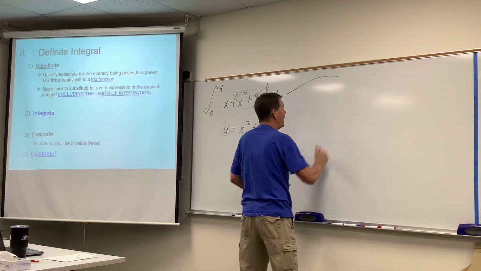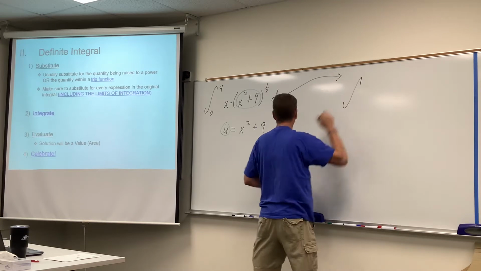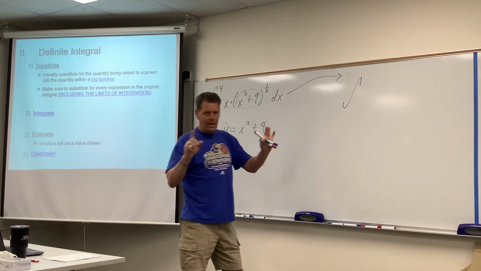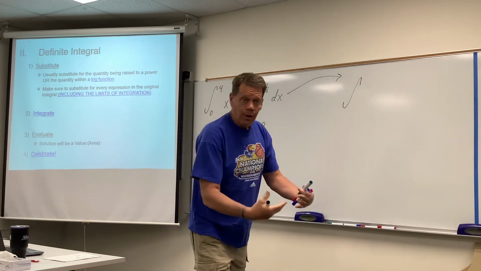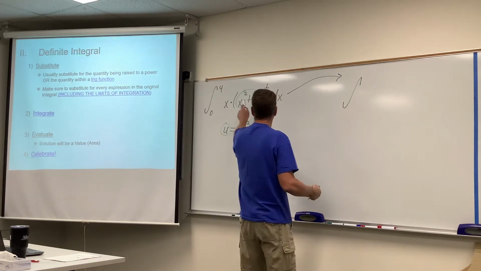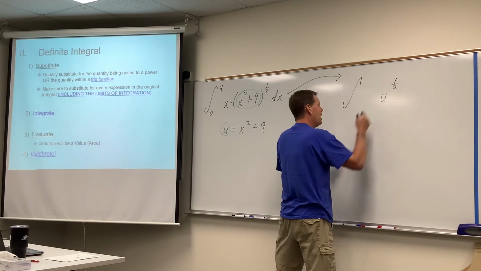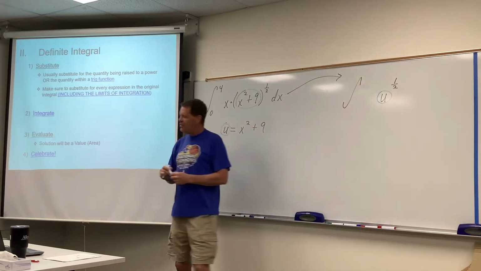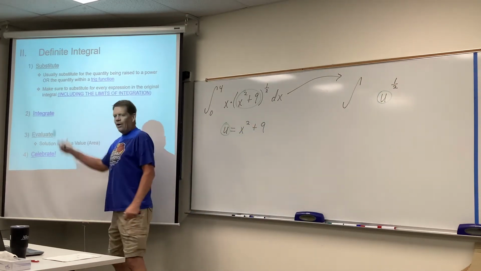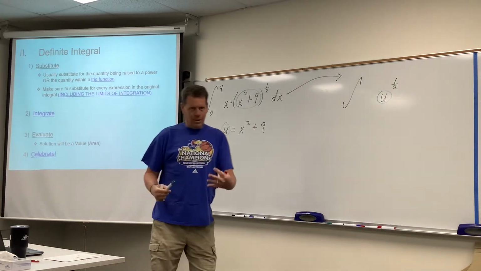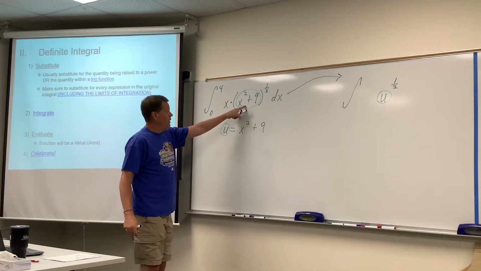We're going to leave our x because they're too complicated. Goodbye x, you're too complicated for me. And we're going to run off with u. Alrighty, so this portion of the original integral becomes u to the 1/2 power. And as mentioned earlier, every single expression in the entire integral needs to be substituted. So therefore we have that part of it.